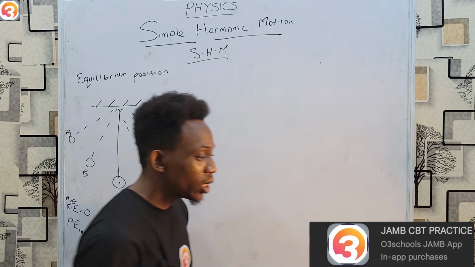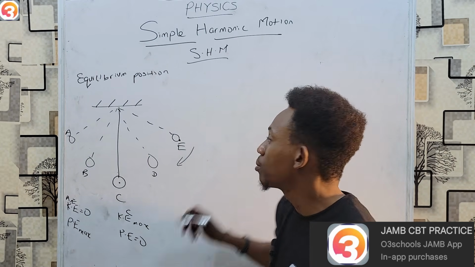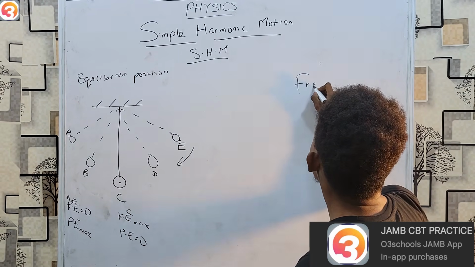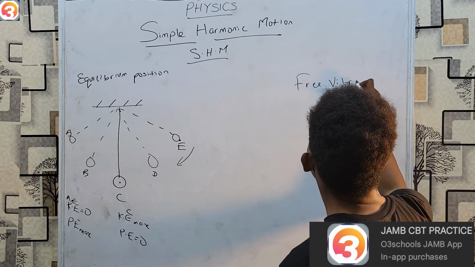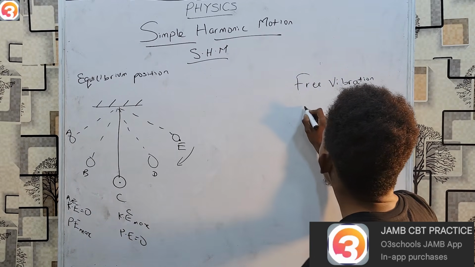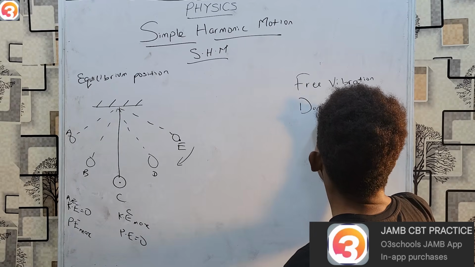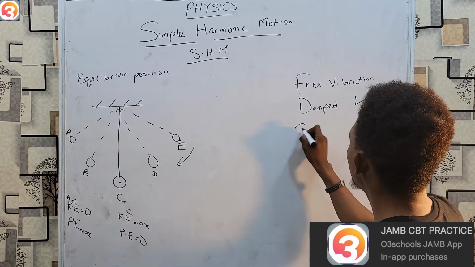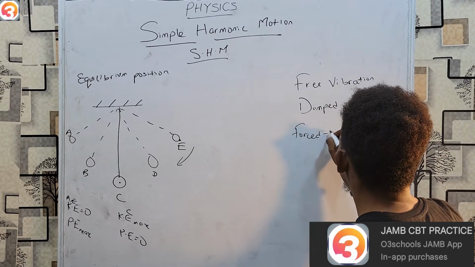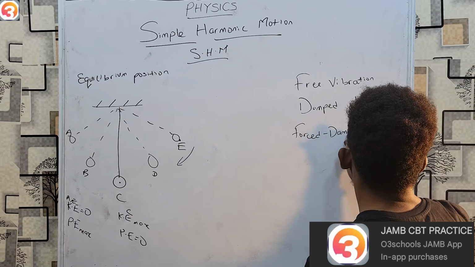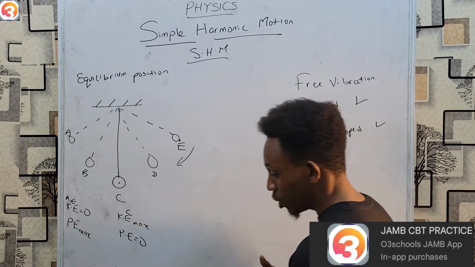Which means, please note, there are three types of vibration. What we call free vibration, also known as undamped vibration. Then there is damped vibration, and there's what is now also called forced damped vibration. Now, what are the differences?